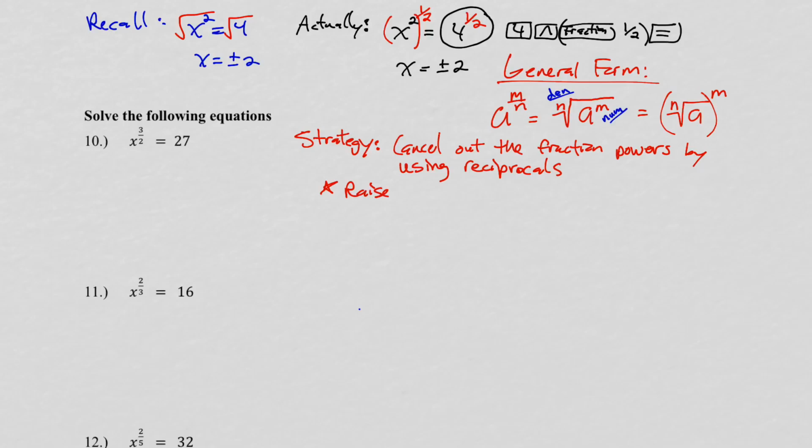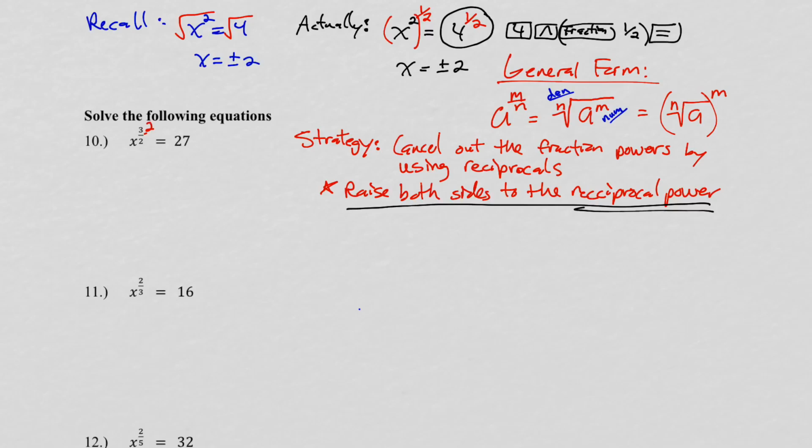So we're going to raise both sides to the reciprocal power. So we're going to take this x to the 3 over 2, and we're going to flip it, that's the reciprocal, and raise it to the 2 over 3. Both sides. Whatever you do to one side, you got to do to the other side to keep it balanced.